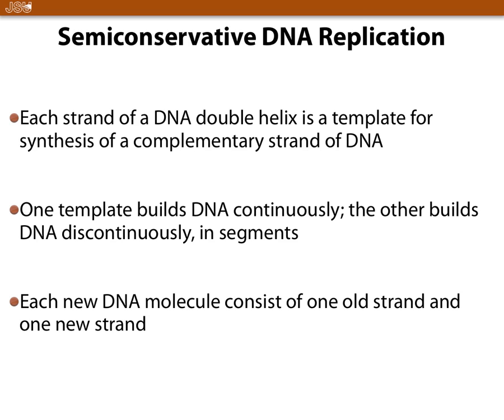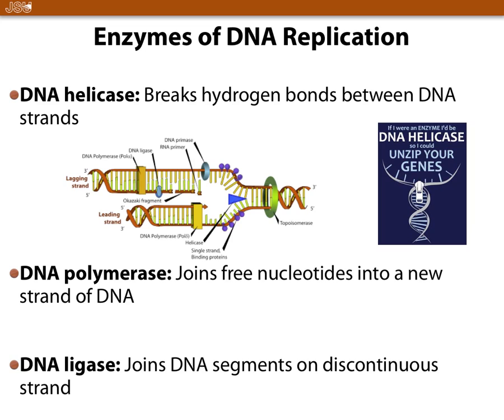Point 2. One template builds discontinuously, the other one continuously. Okay, see how it says lagging strand and leading strand? The leading strand is always being made. Okay, that polymerase is always making that. The lagging strand on the top, the DNA polymerase has to go from left to right.